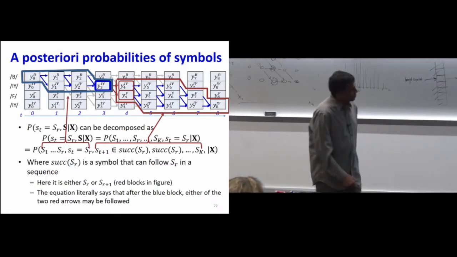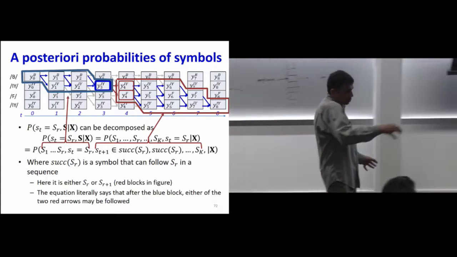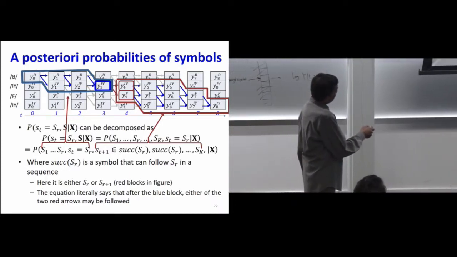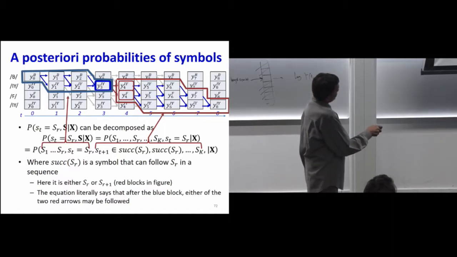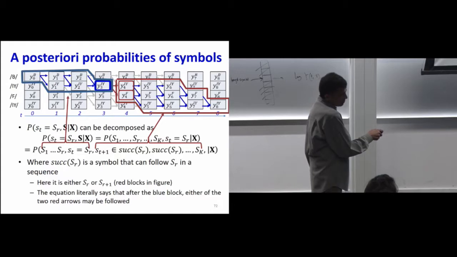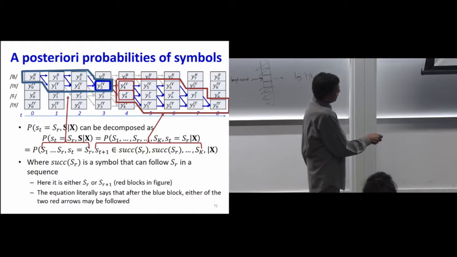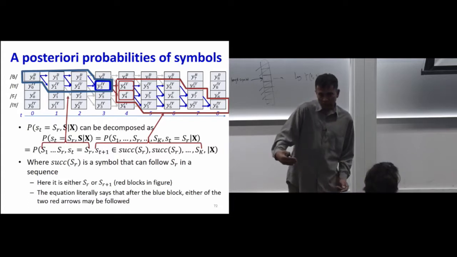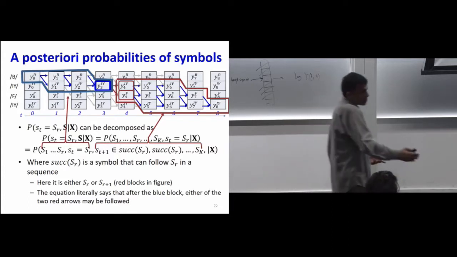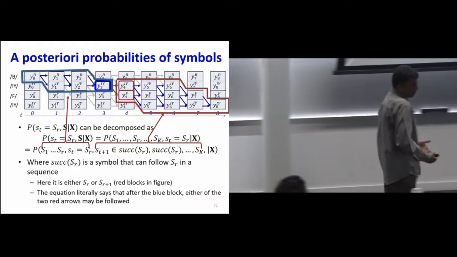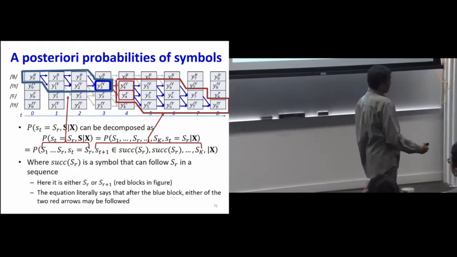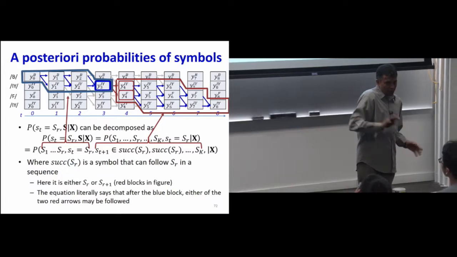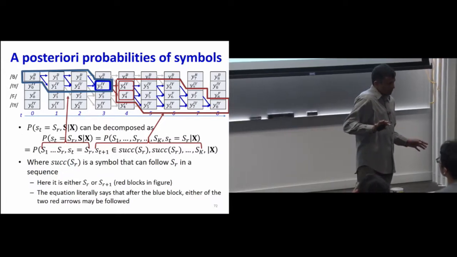If you wanted to compute the total probability of the entire graph that goes through this node, I can write this as the product of the total probability of this portion of the graph times the probability of this portion of the graph conditioned on that one. That's just Bayes' rule, right? Because the complete graph includes the red and the blue portions. So the probability is going to be the probability of the blue portion times the probability of the red portion given the blue portion. That is perfectly correct, right?